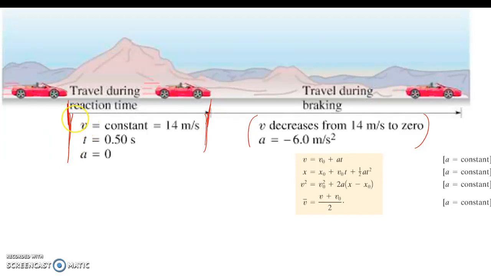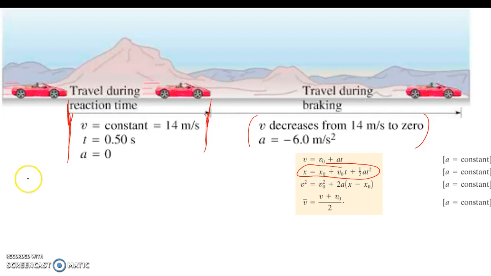We know our velocity is going to be constant. Okay, we know our time's 0.5 seconds, and we know our acceleration is going to be 0. All right, so what we're looking for is distance with time in a constant velocity. So I mean, we can go right here with this one and make it really easy.